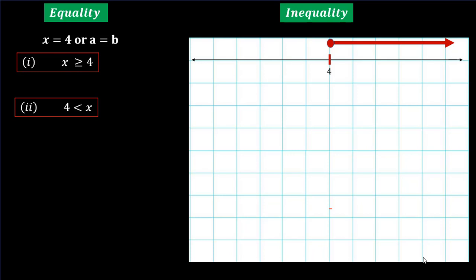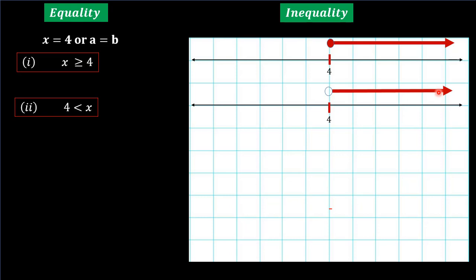So students, if we want to draw this on the number line, we will draw a number line like this, and we will mark the point 4 somewhere here, and the value of x can be greater than 4. It can be 5, 6, 7, and so on, which is indicated by the arrow.